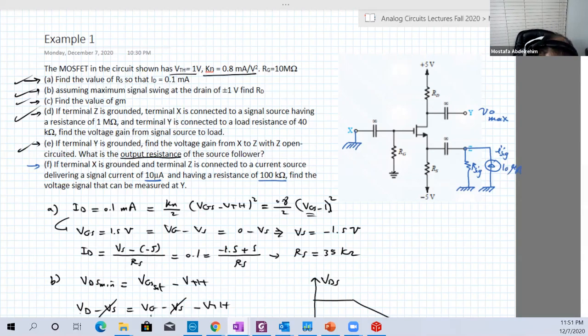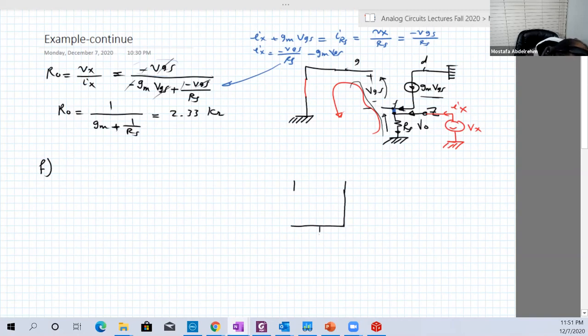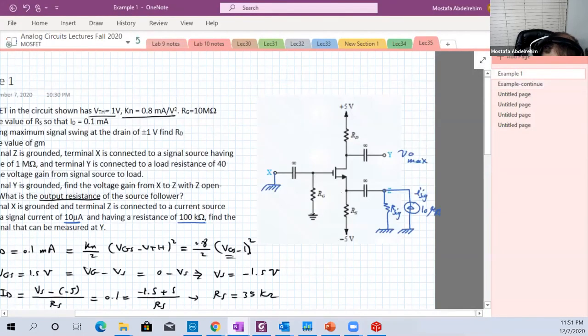Let's again draw the equivalent circuit. Here is the first time we see a current source instead of a voltage source at the input. Here are the gate, drain, and source. For the source, let's go back and check what we have. We have RS between the source and the ground, and we have R signal and the 10 microampere source, all in parallel.